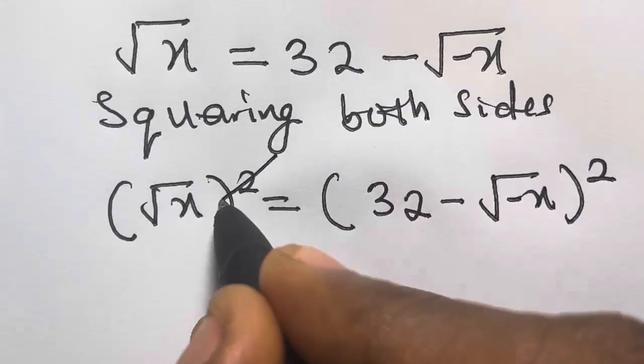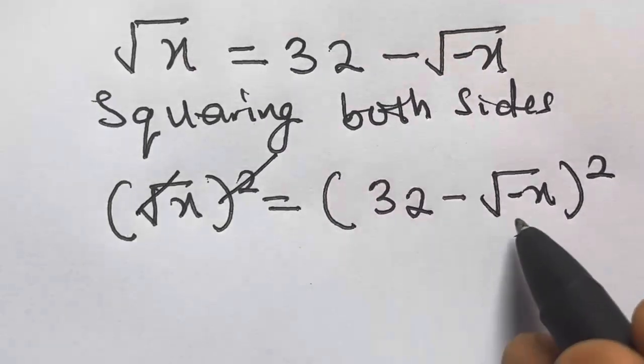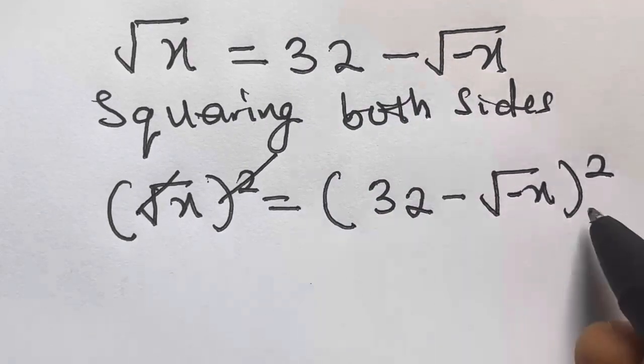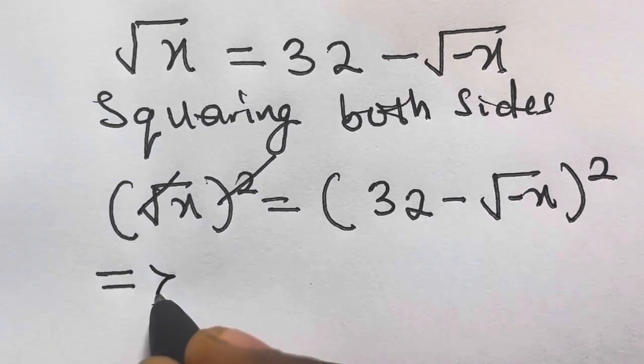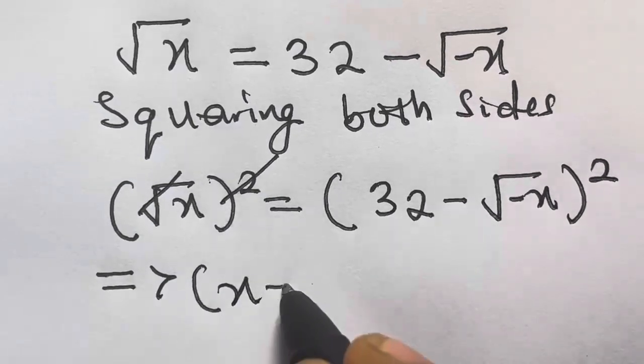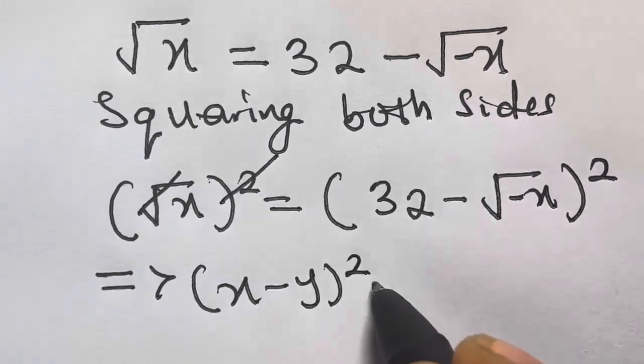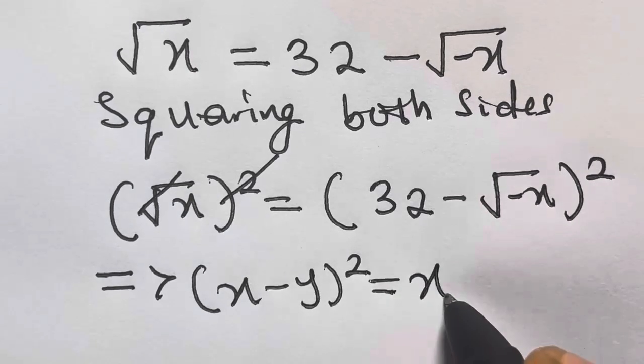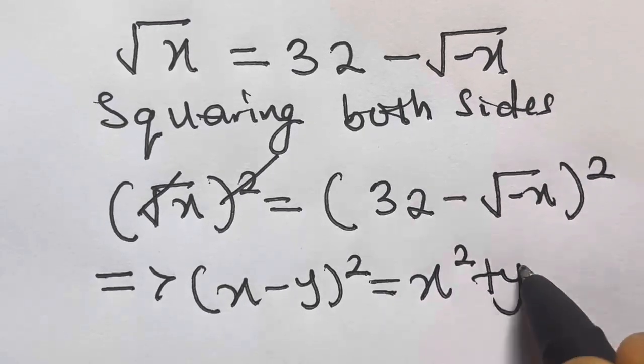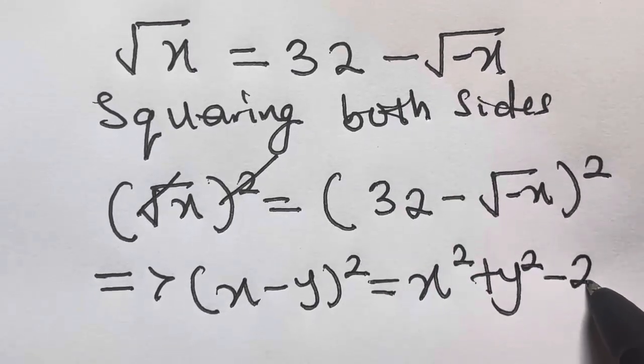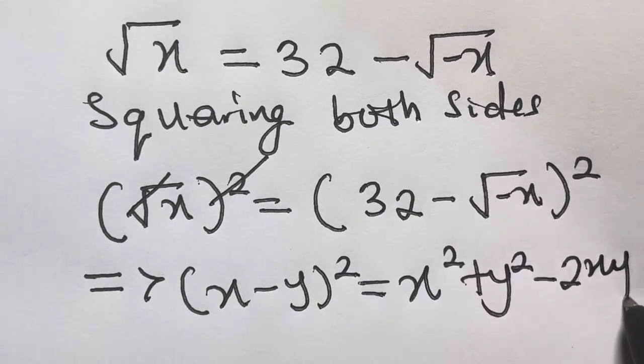So we know this, we cancel this. So we are left with this. And to expand this, let's recall that if you have x minus y squared, this equals x squared plus y squared minus 2xy.